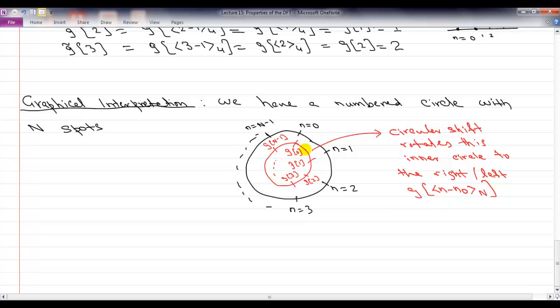Everything will move n naught positions forward, but the moment you go above the range N minus 1, things will start coming back to 0. So if I rotated all of this by 1, G0 will go to 1, G1 will go to 2, G2 will go to 3, and G N minus 1 will go to 0.